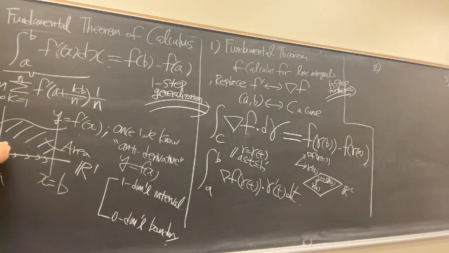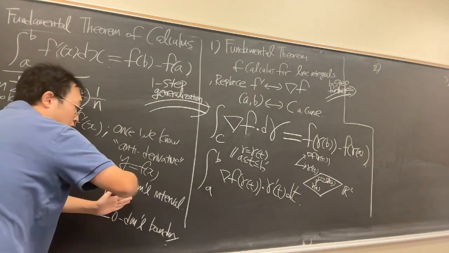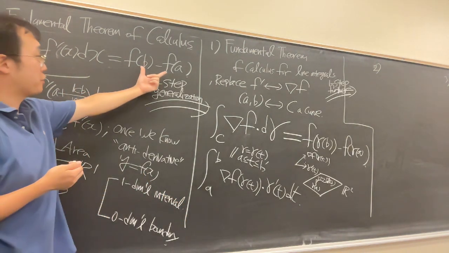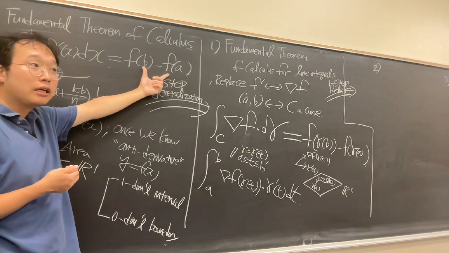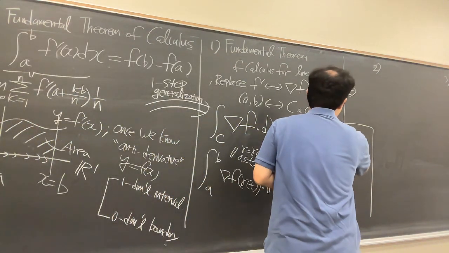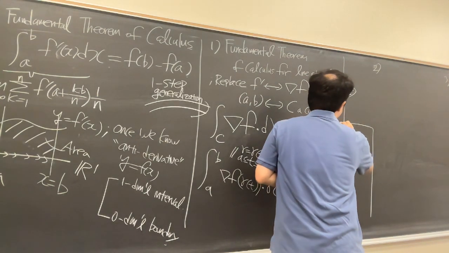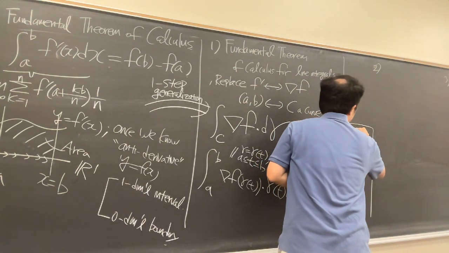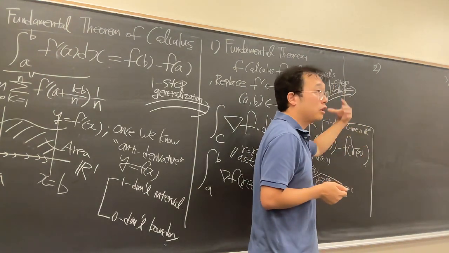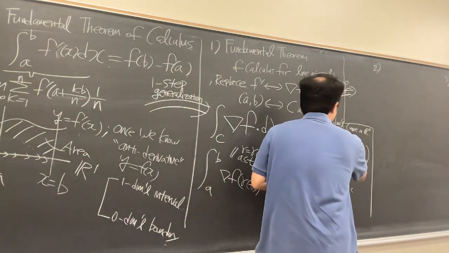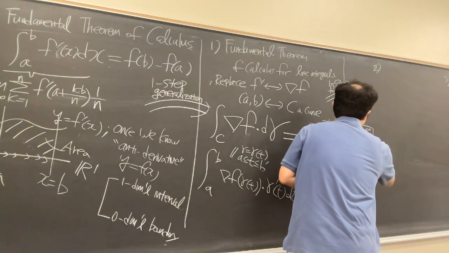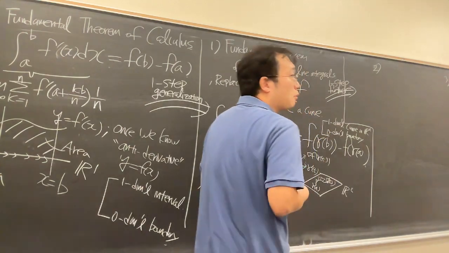So you take the integral along the one dimension, like the interval, then you just look at the zero-dimensional object, the boundary, and you take the difference. And this phenomenon also coincides in the case where you look at a one-dimensional curve. Of course, now you look at it in R2, and as you know, you can also extend to R3 and so on. So still you look at a zero-dimensional boundary. It's just a point, just a point.